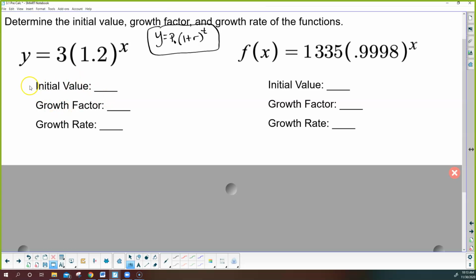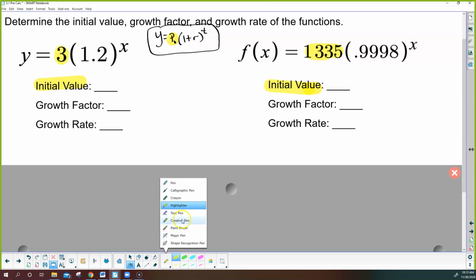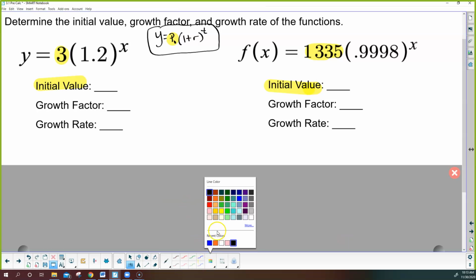And they're going to ask you a couple of different things. Just from the equation, let's analyze right away, what does it tell me? So the first thing I'm going to look at, the easiest thing to decide, is what's the initial value? Well, the initial value for both of these problems is the value that's in the A position, or the P sub 0. So think of this as if it was a bank account or maybe a population.